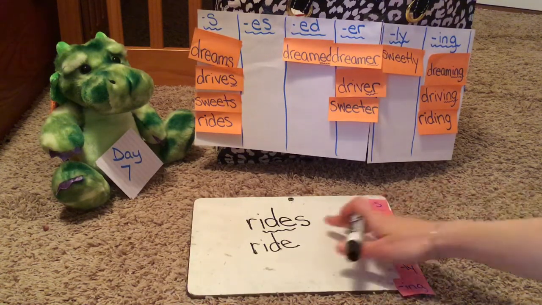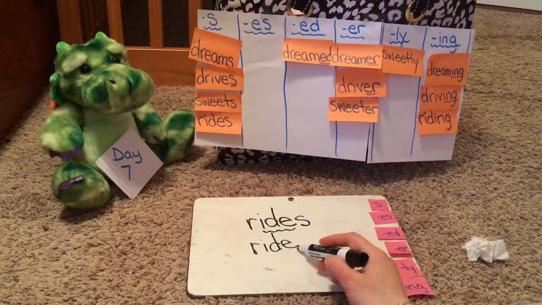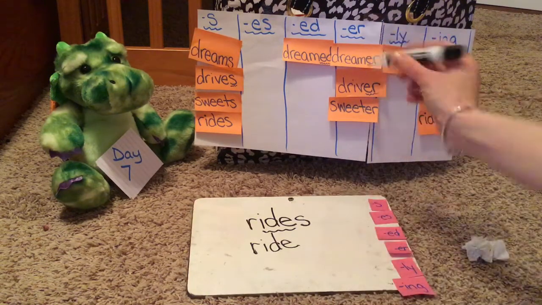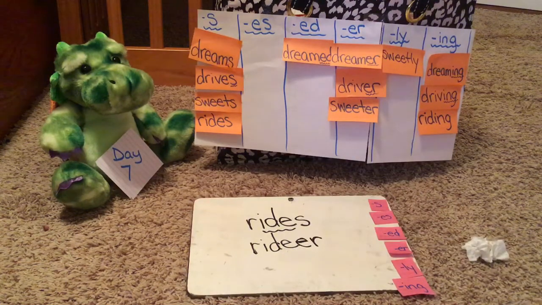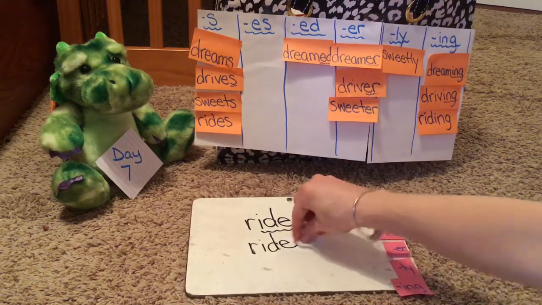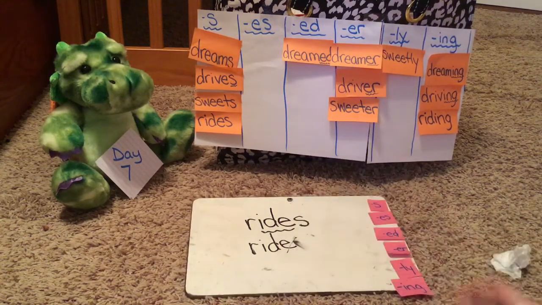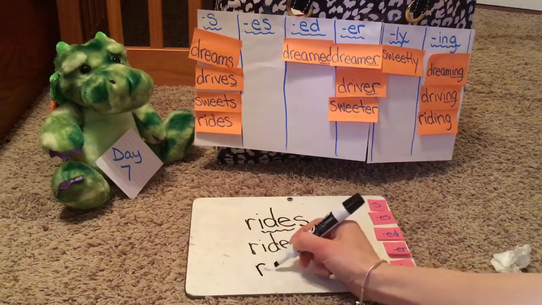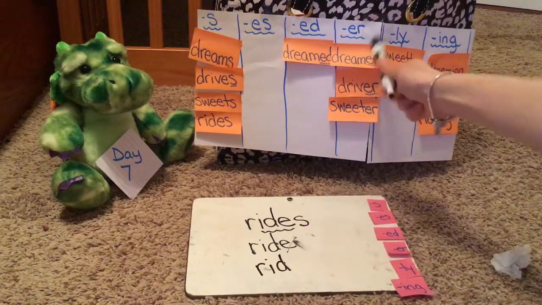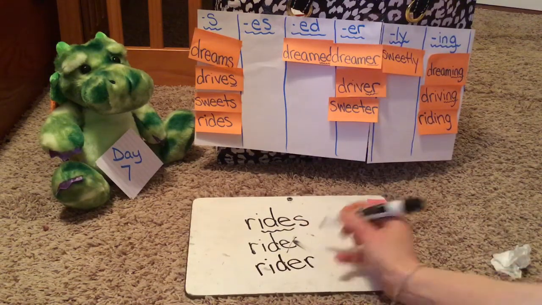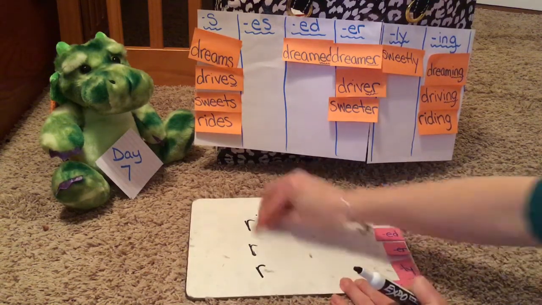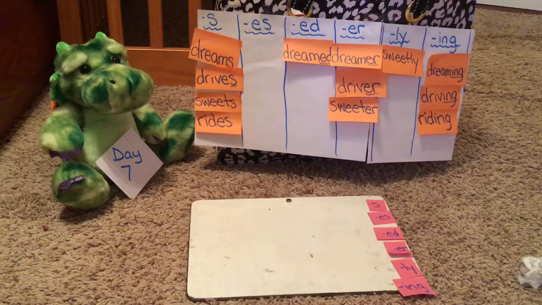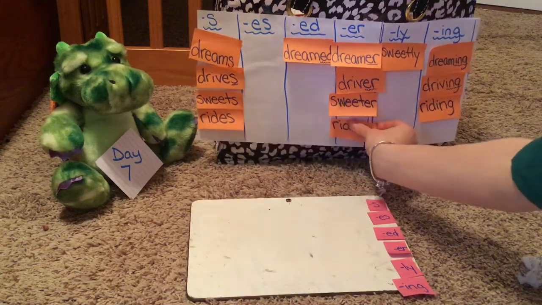Okay, so let's check. Ride ends with a vowel. This starts with a vowel. So I hope you remembered not to just add it. That is not the word rider. I hope that you remembered that you need to drop this vowel at the end. Ride, and then I add my ending. Rider, rider. That would be talking about a person. All right, we're going to try one more because I want to tell you about one more rule. Add my rider to my chart.